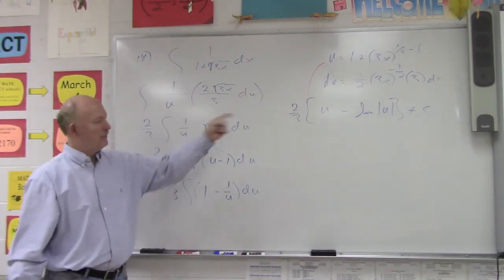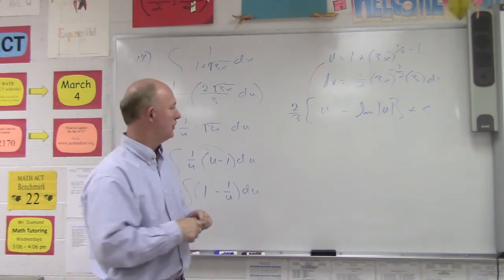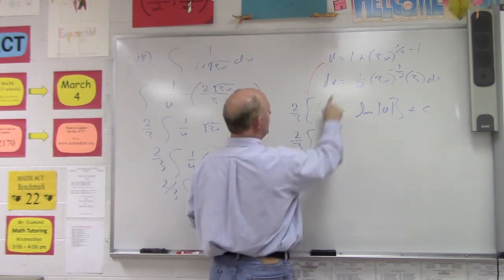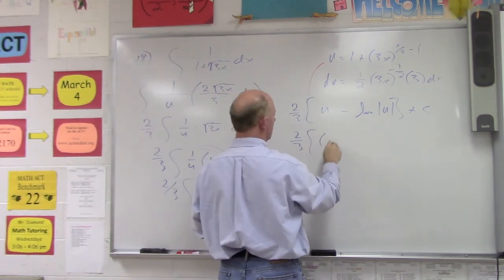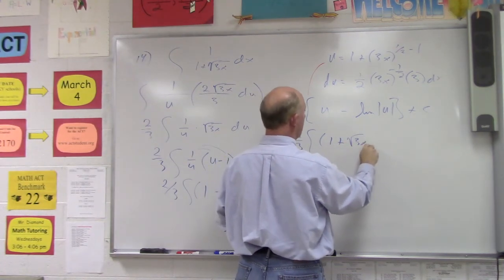That's our antiderivative in terms of u. Let's convert this back in terms of x. So this becomes 2/3, and u is equal to 1 plus the square root of 3x.